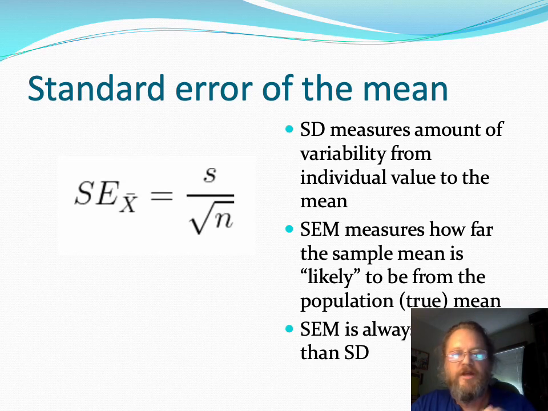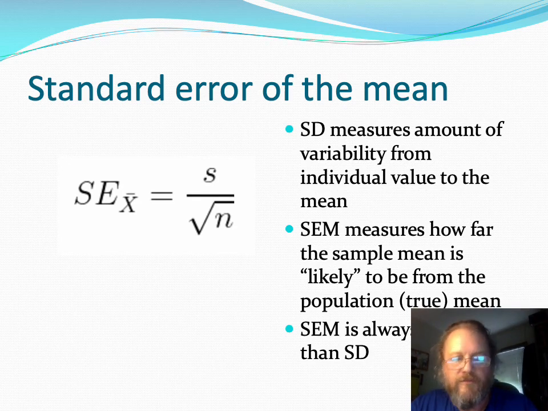So a routine thing to do when you've done an experiment is to calculate a measure of accuracy about your measure, and that's called the standard error of the mean. You simply take the standard deviation divided by the square root of the sample size. We'll call that SEM.